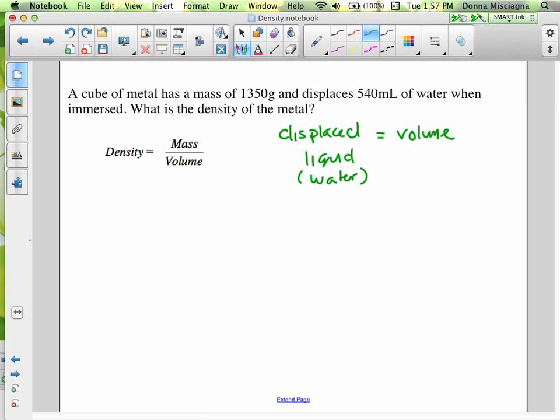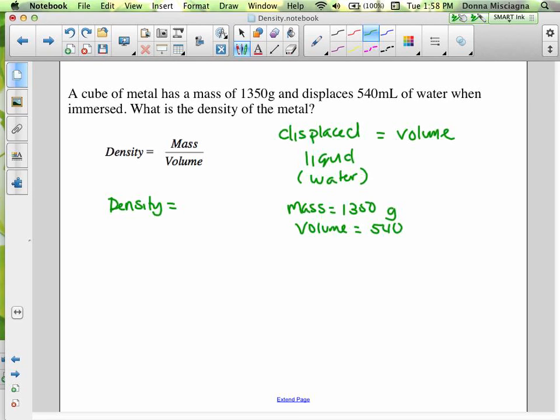So now our density is going to be the mass of our metal. So the mass is 1,350 grams. The volume is the 540 milliliters of water it displaces.